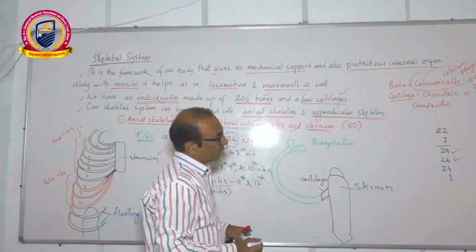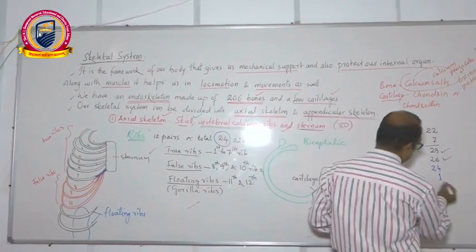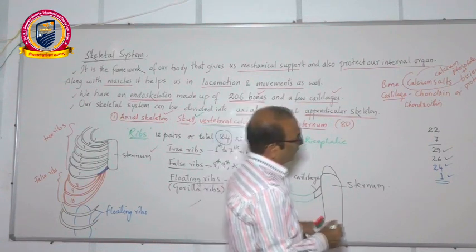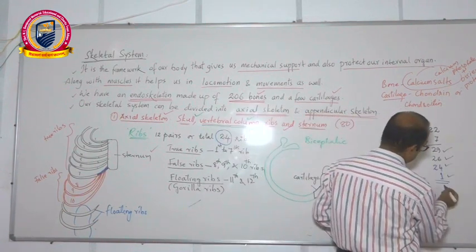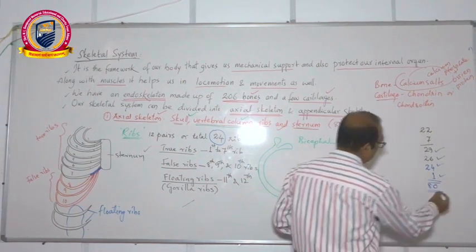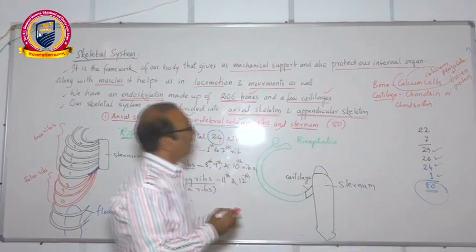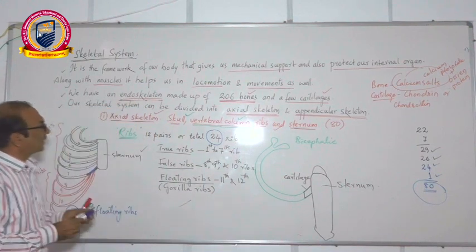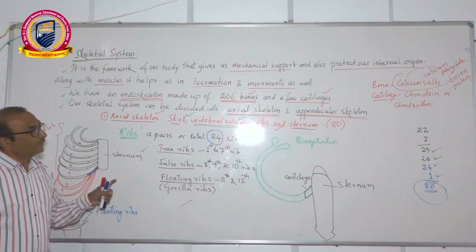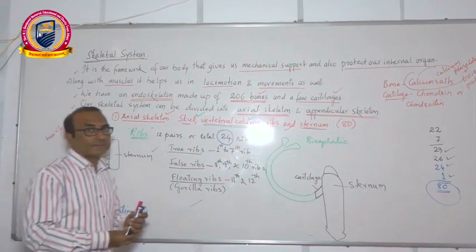Now let us make the total. If you add it up, it totals up to 80. So 80 bones are there in the axial skeleton. Now we will take up the appendicular skeleton.